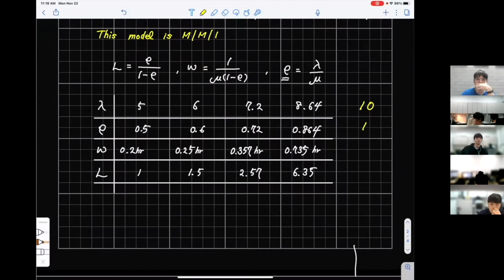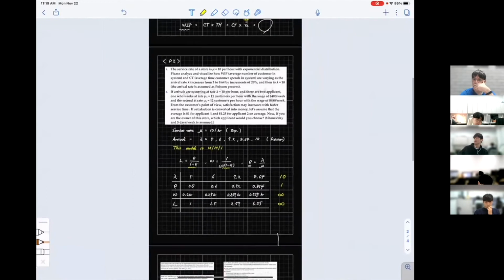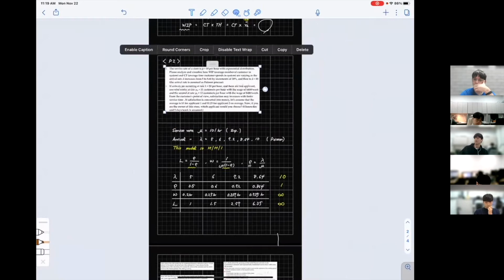And you can see in these two formulas, if the utilization rho becomes 1, then the length of the waiting queue and the waiting time explode to an infinite number.